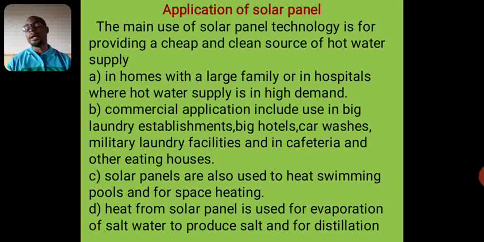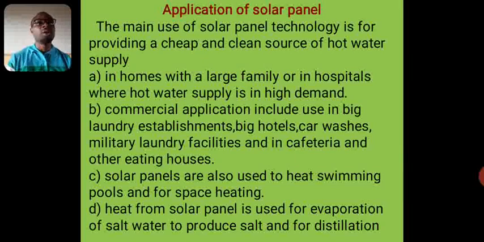Yes, in cold weather, you can use solar panel to heat up your swimming pool, and you can also use it for space heating. When the weather is very cold, if you have an auditorium or a hall, you can use this solar panel to heat it up.